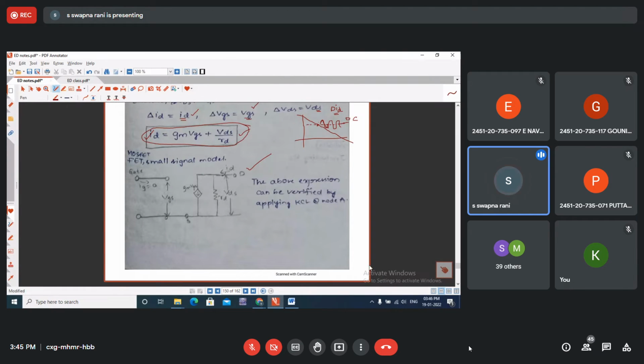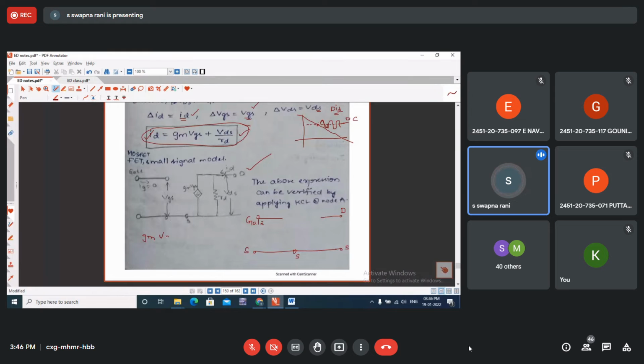Now see here, if we take source, gate, and drain, the drain current ID is the sum of GM VGS plus VDS by RD. There are two terms. ID is the sum of GM VGS and VDS by RD.